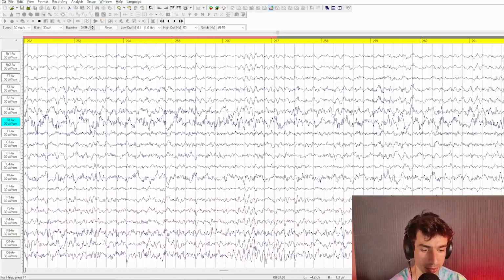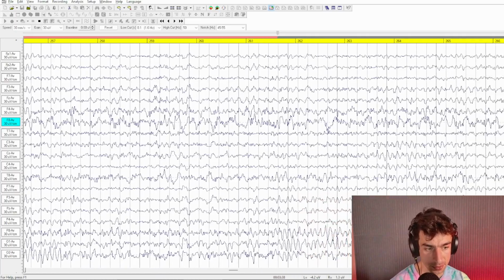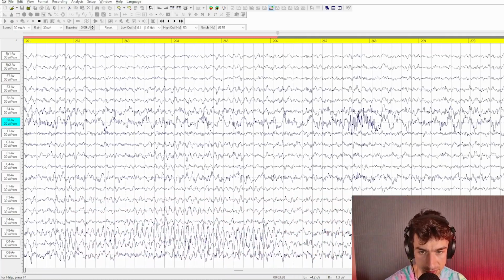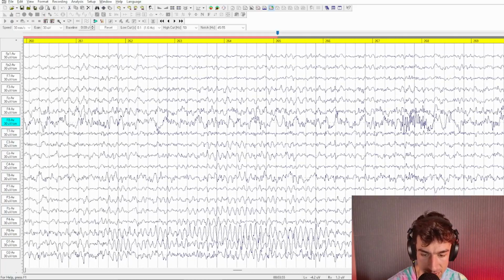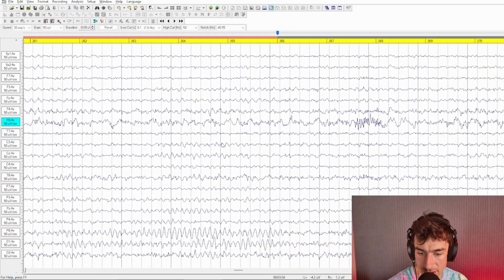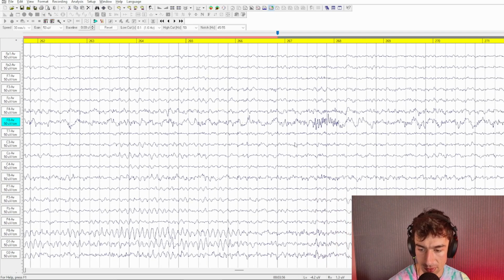What is this brain really doing? Now we're starting to see some drowsing. And as the drowsing is happening, there's somewhat of a reduction in the EMG. So we'll call this alpha drowsing.